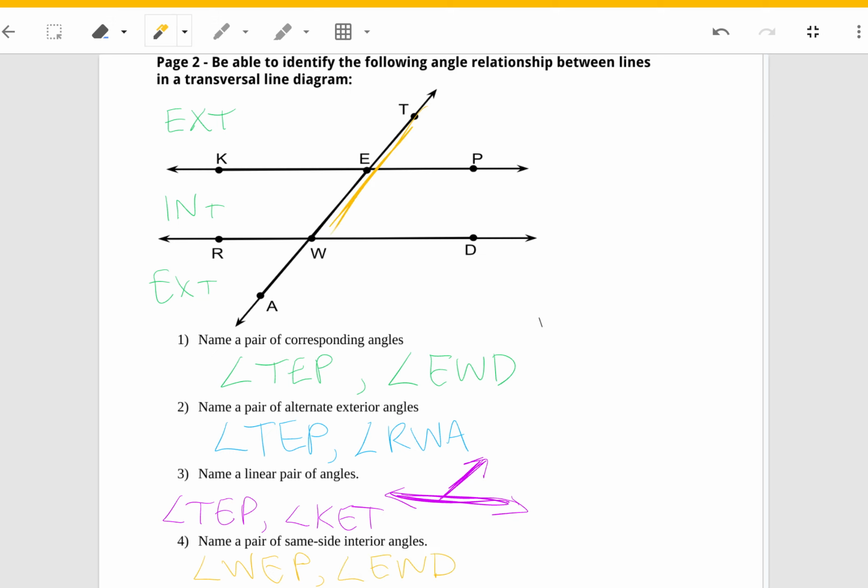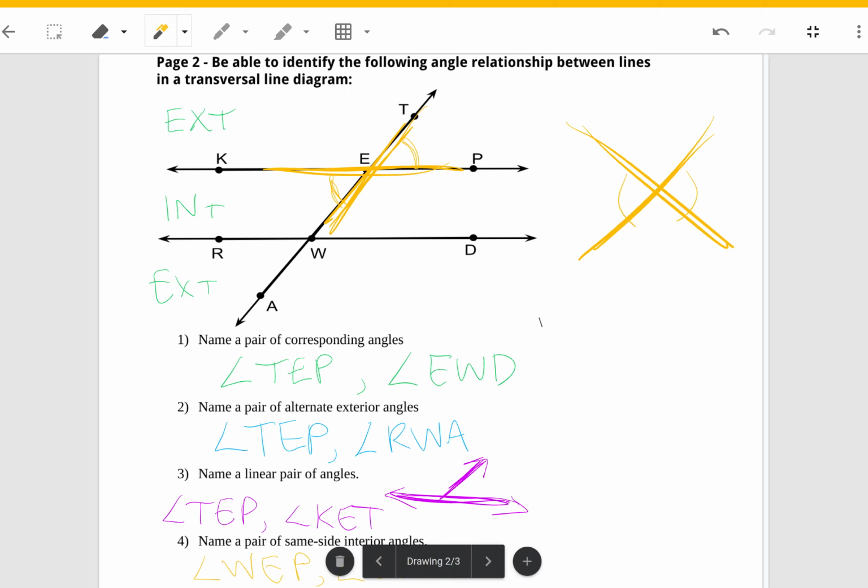So we have a line here, we have a line here, and I would want to name something like this angle and this angle across from it. This is what it should look like. It should be an X, and it should be the angles that are on opposite sides of that. You're not just naming the X. That's not what we're looking for.